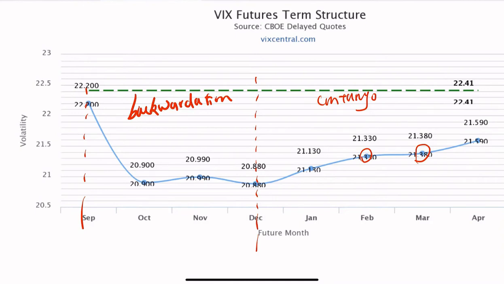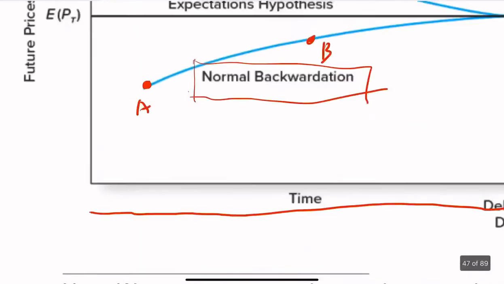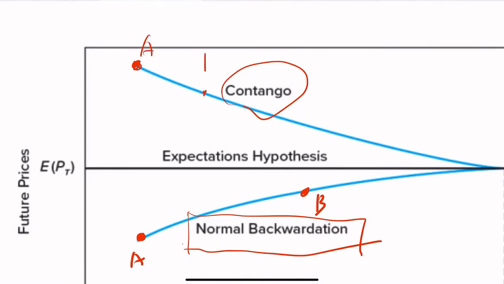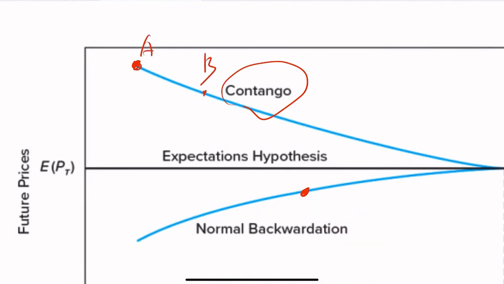This means that, again, a futures which is further away from its maturity has higher volatility. And this is exactly what Contango is talking about, right? Again, if you compare this and this, you can see that A is further away from maturity and it has higher volatility.